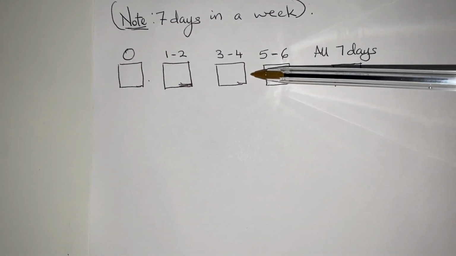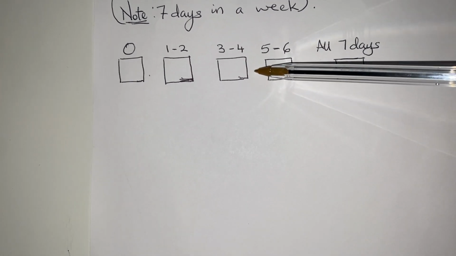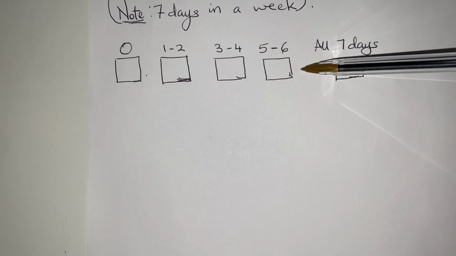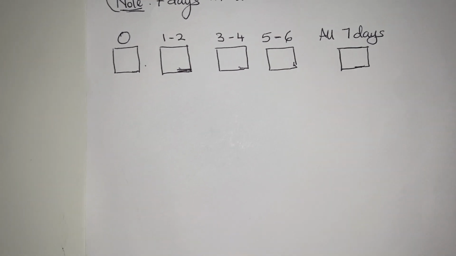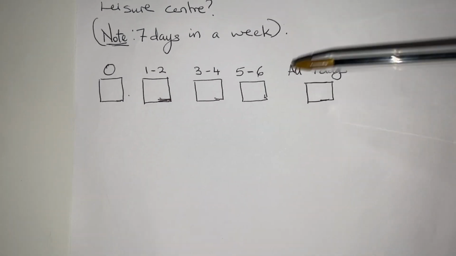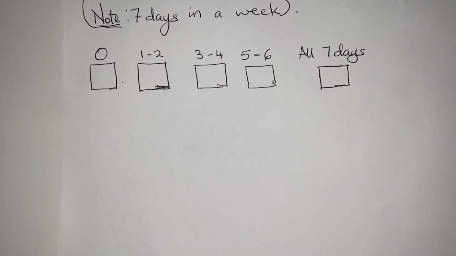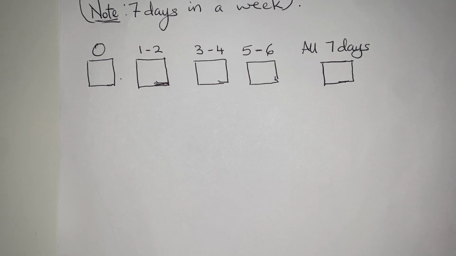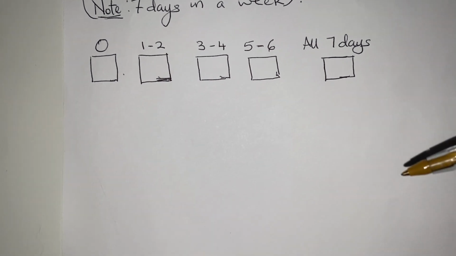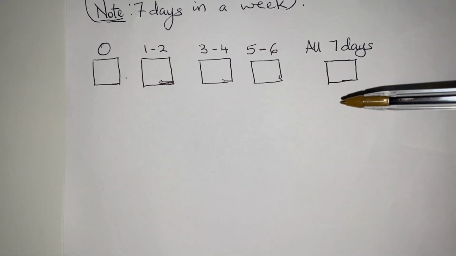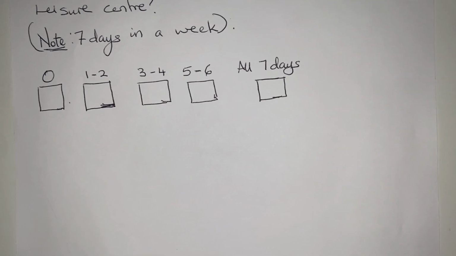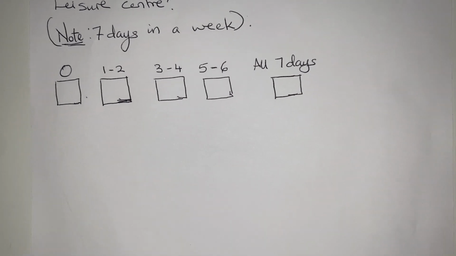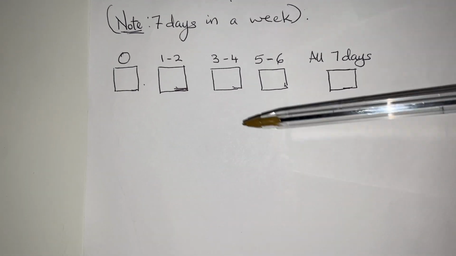Or 3 to 4 days, or 5 to 6 days, or all the 7 days. Maybe you would like to go there early in the morning before you go to work, or you want to come back every evening after work and just do an hour of exercise. So these are the possible things.